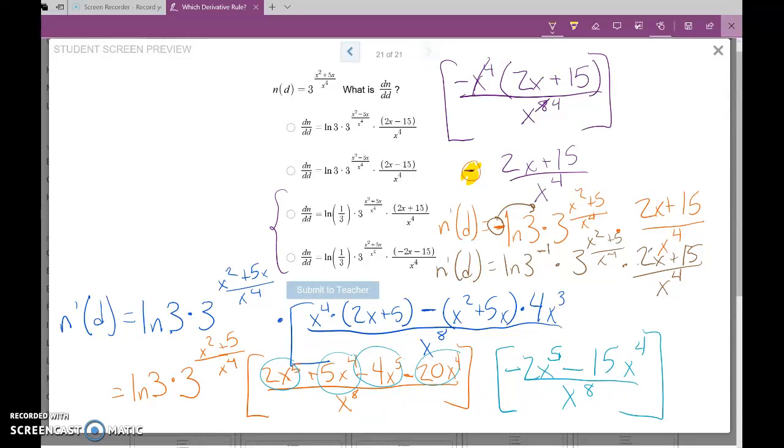And that's where the natural log of 1/3 comes from. This was a pretty algebraically difficult problem in general, but that was definitely the part that a lot of people might not catch. So that's why the answer to this problem is, in fact, C.